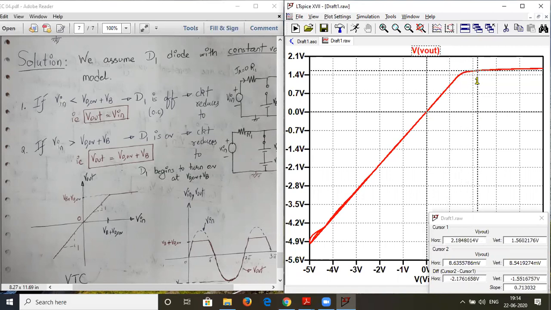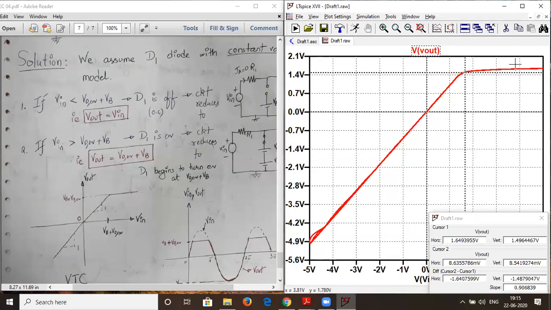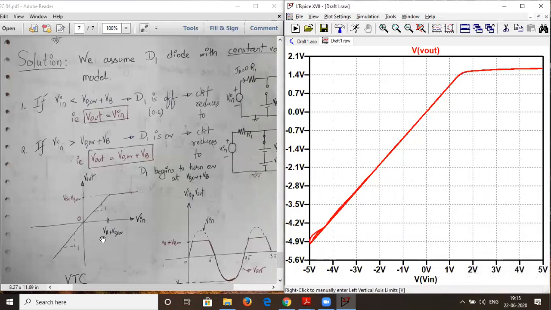Close to around 1.64 volts. Whenever the input is less than 1.64 volts, this line will be a straight line, that means the output will follow the input, and once the input increases beyond this value, the output will be a constant equal to 1.64, which is VB plus VD on.